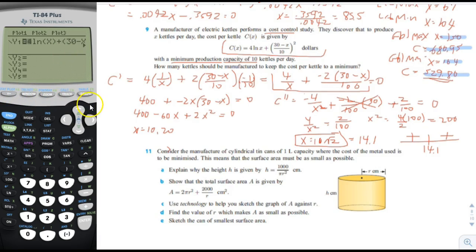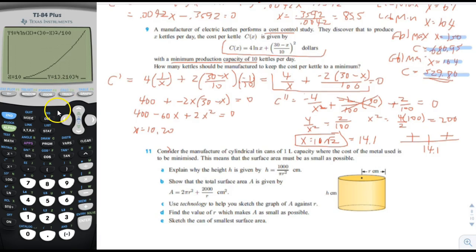Okay, so it's going to be 4 log x plus (30 minus x) squared divided by 100. And so let's graph this. And we're going to get this function here. And let's see, what are the values for 10? It's going to be 13.2.